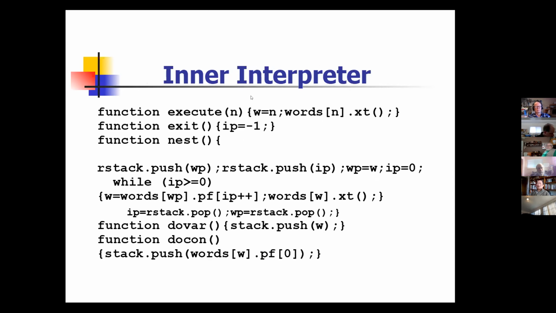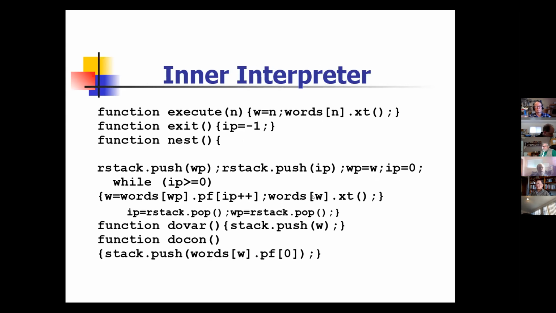So the inner interpreter, let me not go into the details. Executing, exit, and nest with the nest token list. It's an infinite loop.